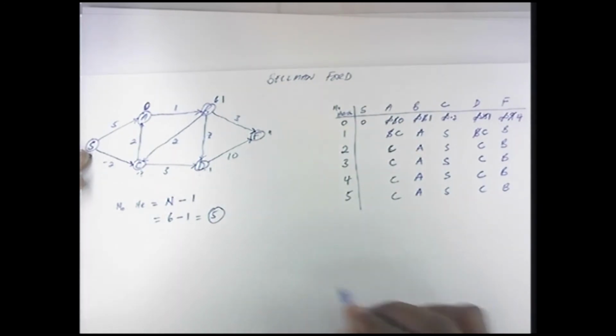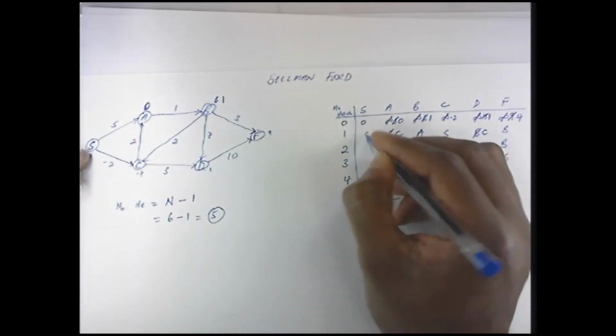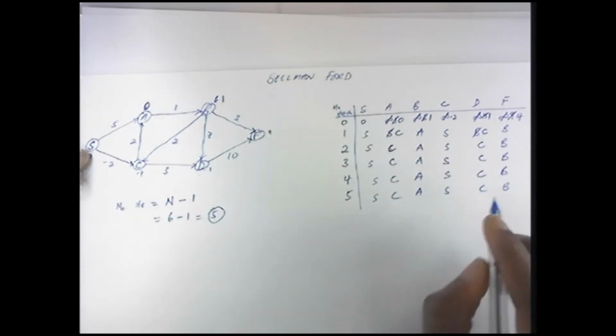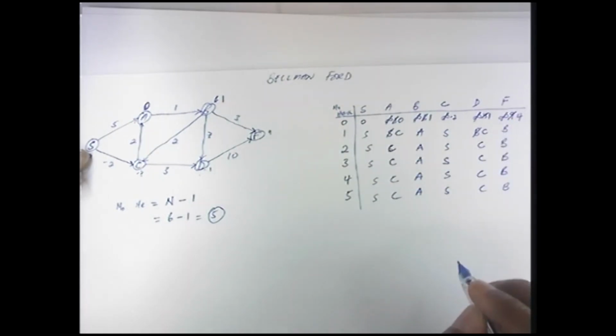So if you want to find the shortest distance from, of course, here we already have our S there. So let's see the shortest distance to F. So to F, the cost is 4.